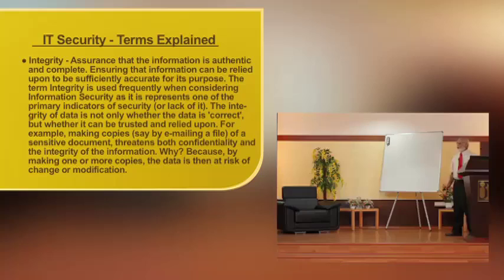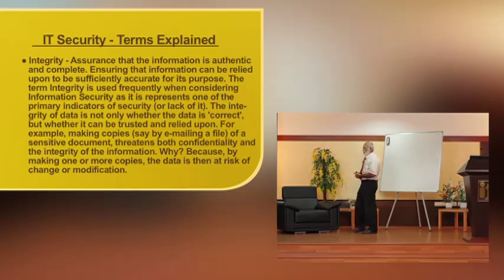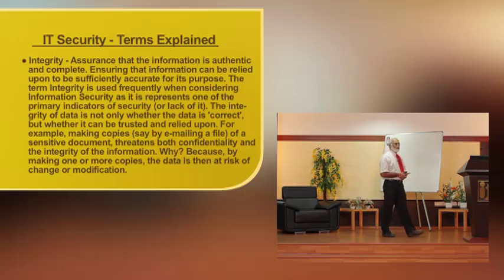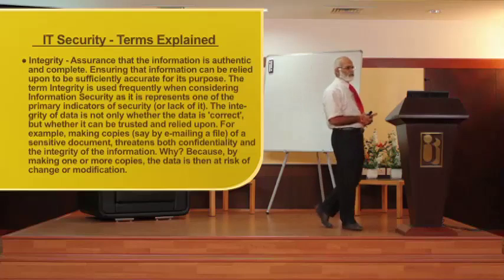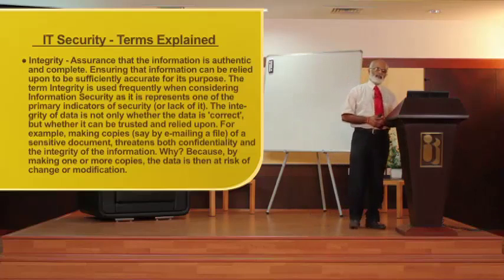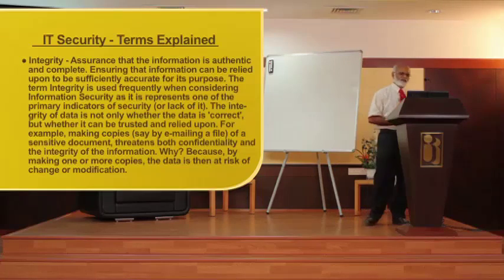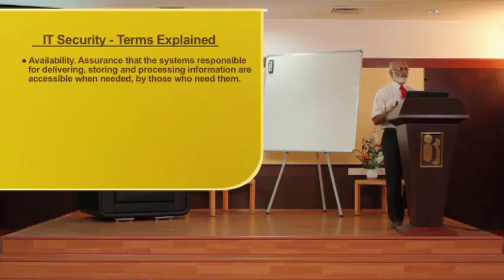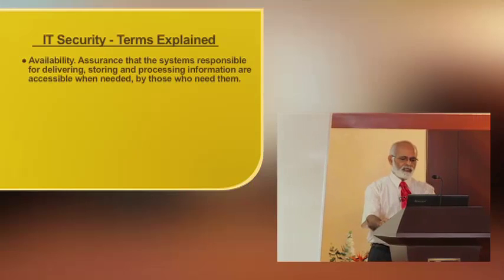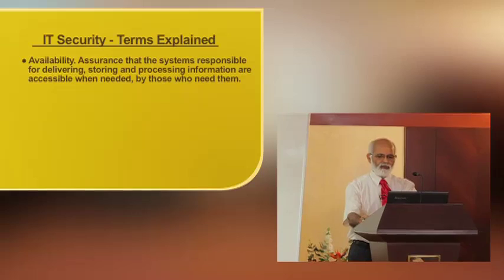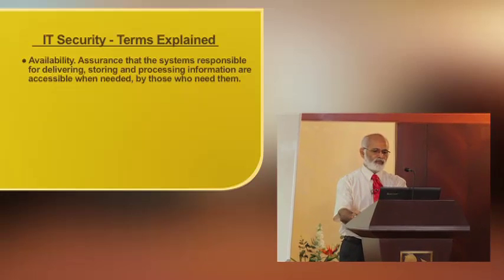Data can also undergo change, but who is authorizing that change, how is it controlled, how does anybody have any knowledge about the changes, and whether the changed data is valid or not, all these questions come under integrity issues. Availability is again the assurance that the systems responsible for delivering, storing and processing the information are accessible when needed and by those who need them.